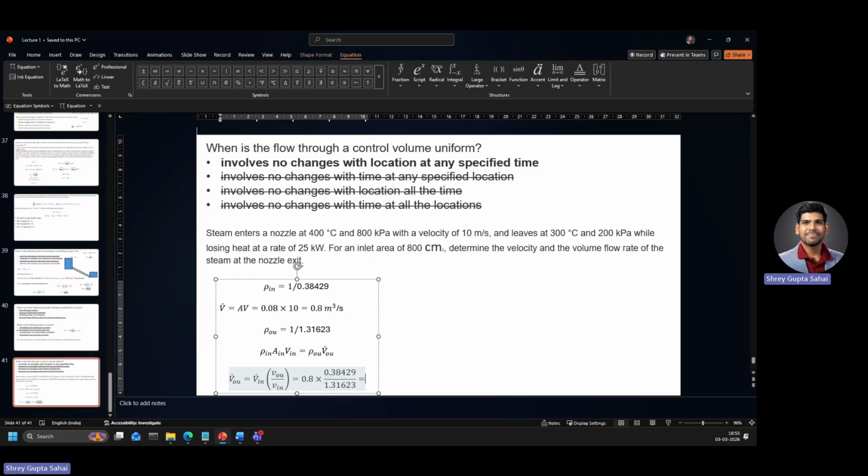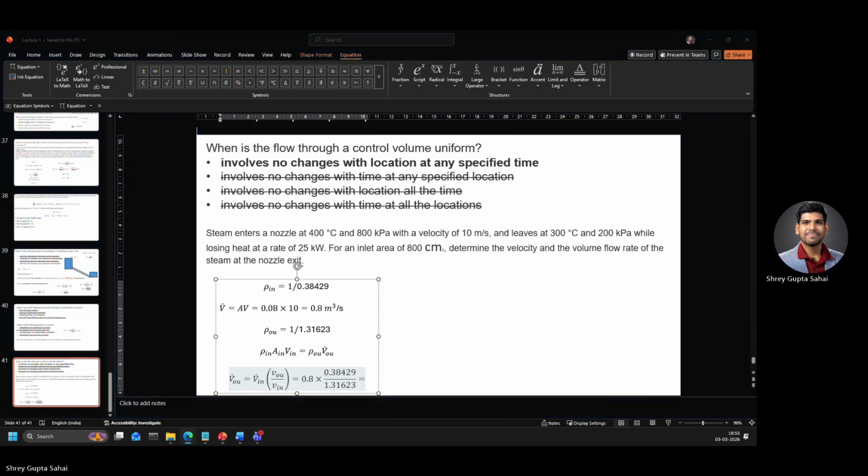Let me use the calculator. It's 0.23 something.